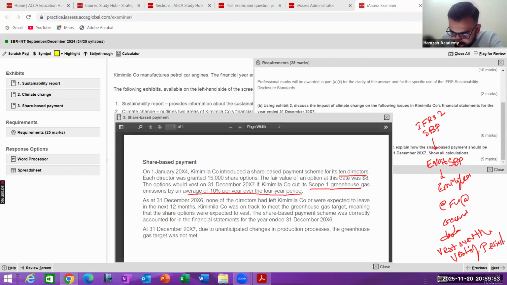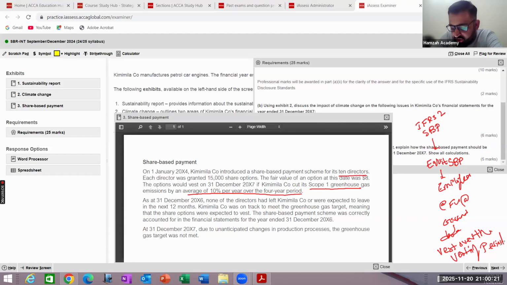Vesting period is a time period over which the vesting conditions should be satisfied. Now there are various vesting conditions: service condition, the time period you have to complete, then non-market performance condition and market-based condition. Now here the 10% reduction in greenhouse gases is a non-market performance condition.